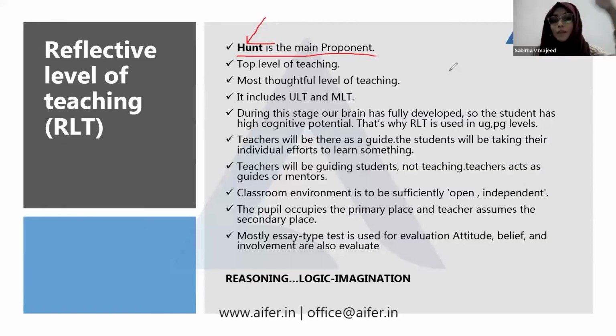It is the top level of teaching. As you can remember the hierarchy, as you can remember the pyramid, reflective level of teaching is the top level of teaching. It is the highest level of teaching. It is considered the most thoughtful level of teaching because this level requires maximum cognitive potential, maximum thinking capacity, maximum thought process from the side of the student.